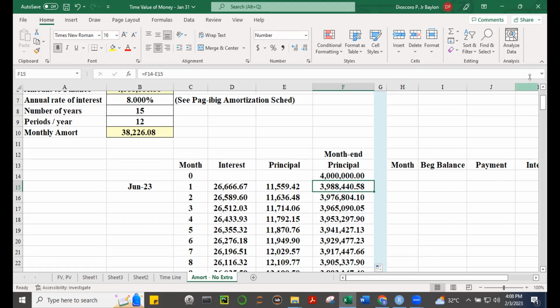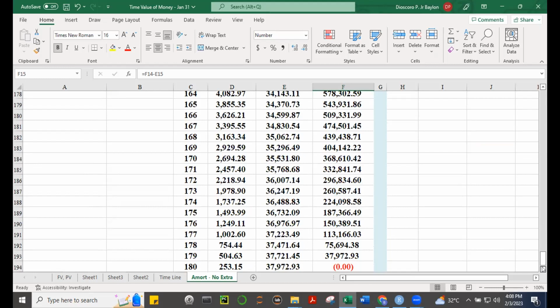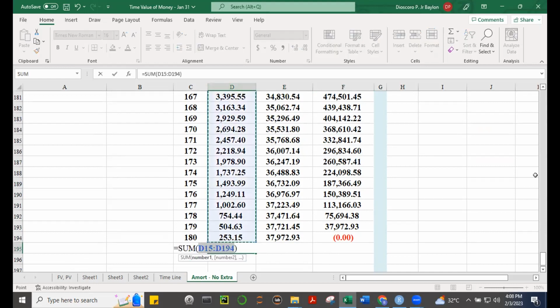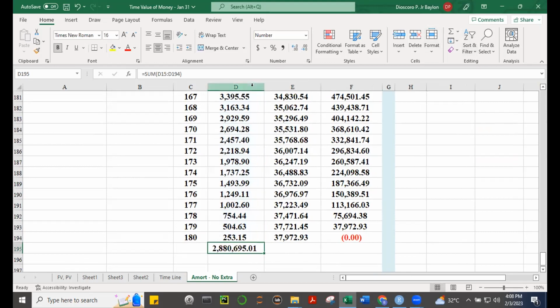No questions? All right. So let's see how much was the total interest. If we add all the interest here, we can use the alt equal shortcut for sum. So the total interest paid for this loan was 2.88 million. So let me copy this. Okay.